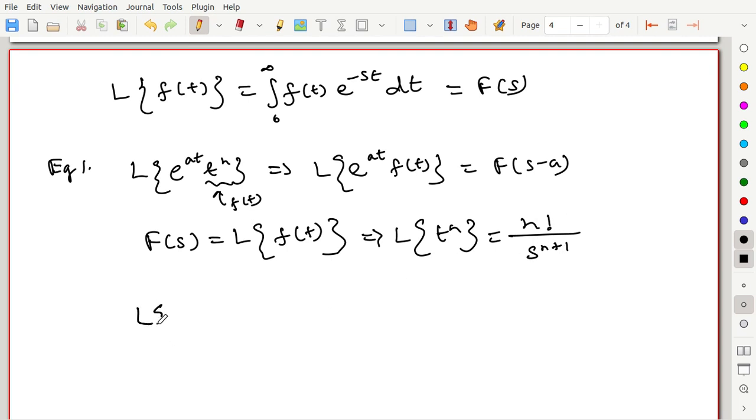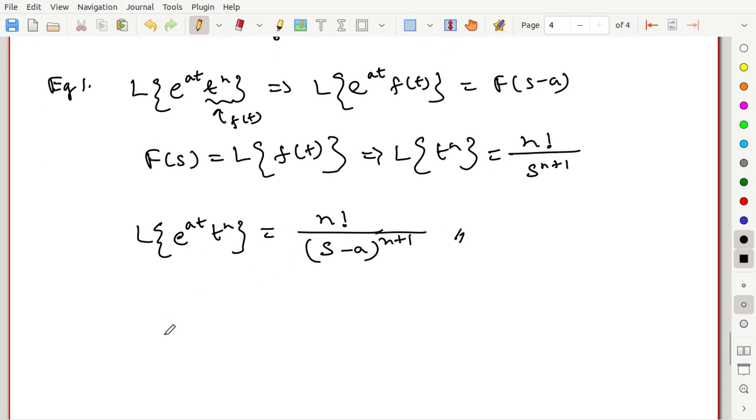So L of e power at t power n: we replace s by s minus a, since we have e power at. We can write this as n factorial divided by s minus a whole power n plus 1. This is the Laplace transform of e power at t power n.